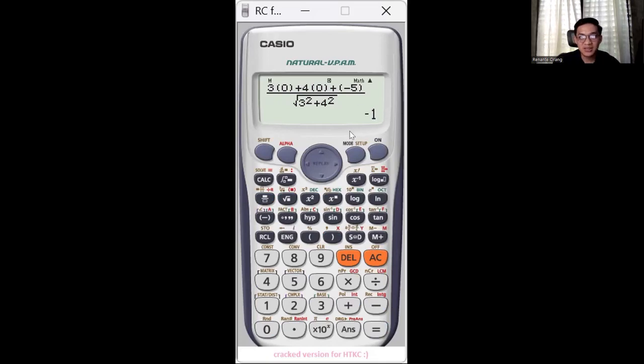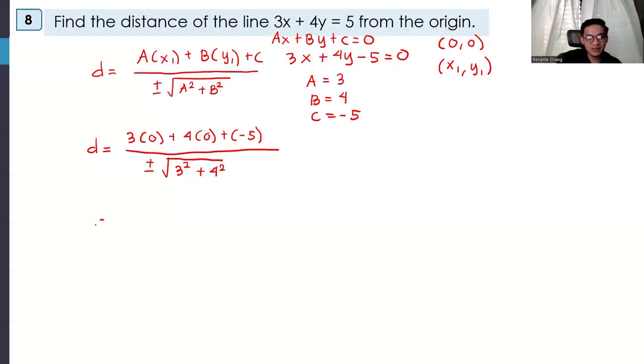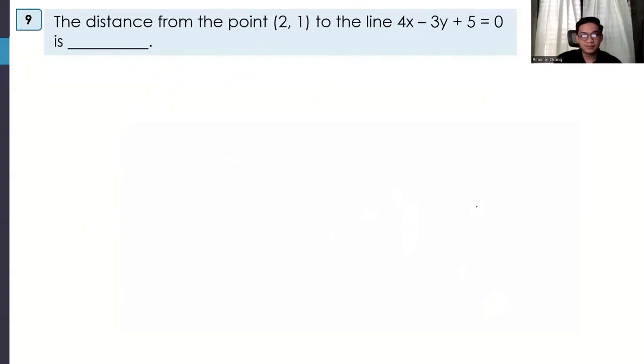Again, there is no negative distance. The negative here only means that our distance is going downward. So, therefore, our answer is really positive 1. Let's write here, distance is equivalent to 1, and that is our final answer.